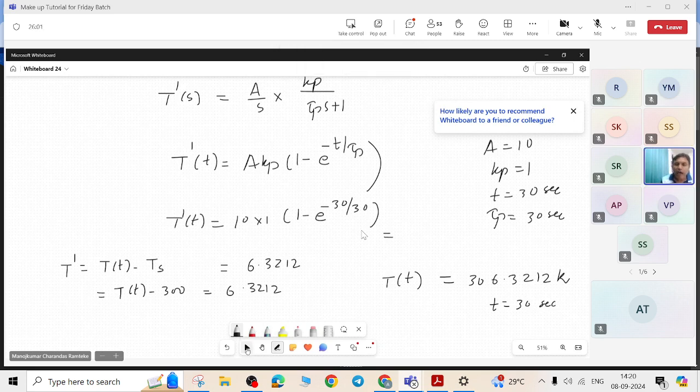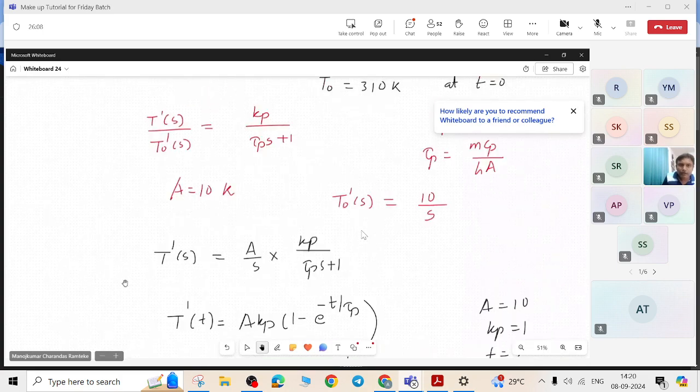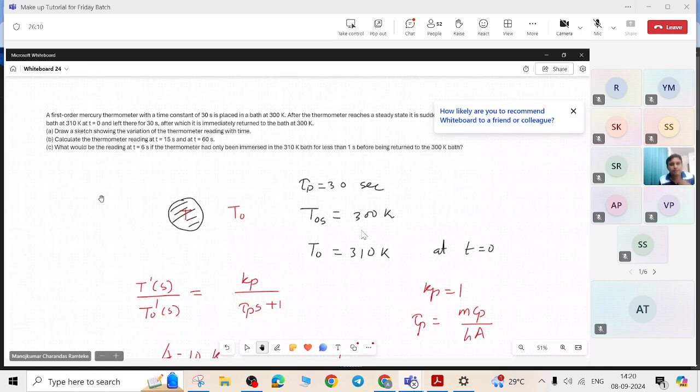Now let's look at the statement given in the problem. Initially the thermometer was at 300 Kelvin. We have suddenly put it into 310 Kelvin at time t equals 0, and we have continued for 30 seconds.